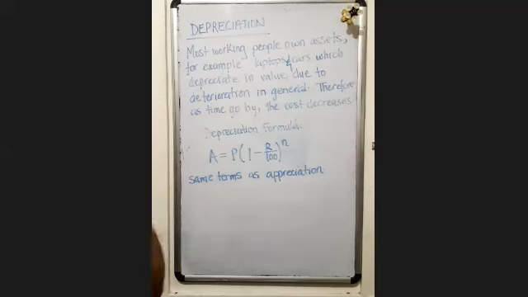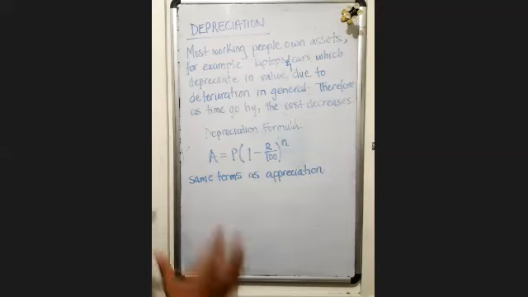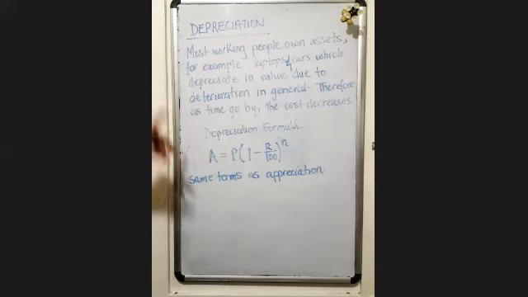So as the years go by and newer versions come out, the item that you have will decrease in value. Most working people own assets, for example, laptops and cars, which depreciate in value due to deterioration, in general. Therefore, as time goes by, the cost decreases.